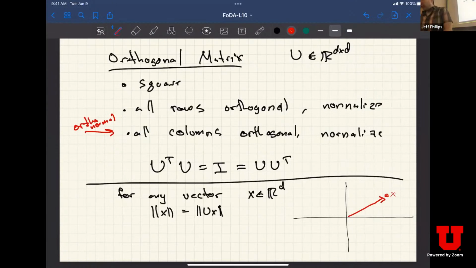So I get another vector, maybe over here, Ux. They have the same length after doing this.